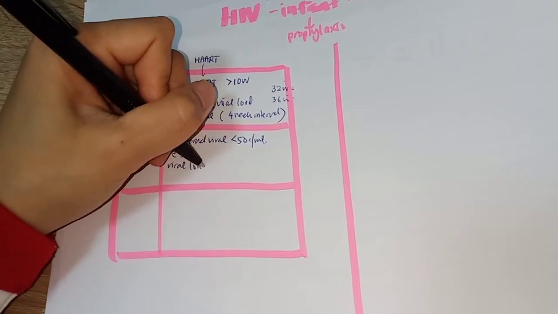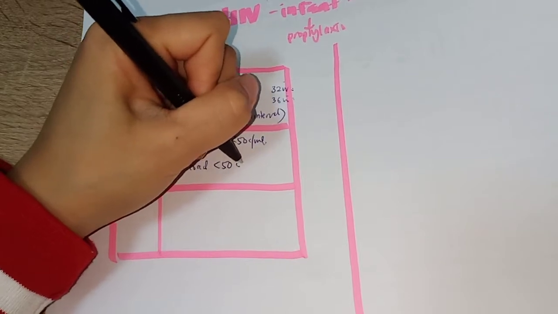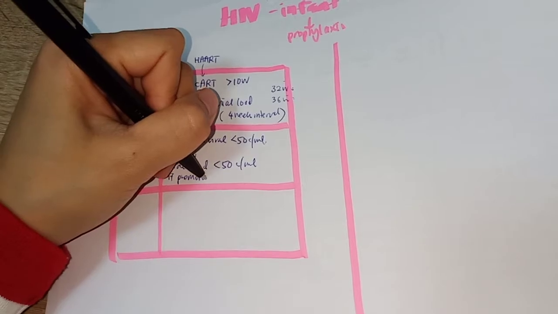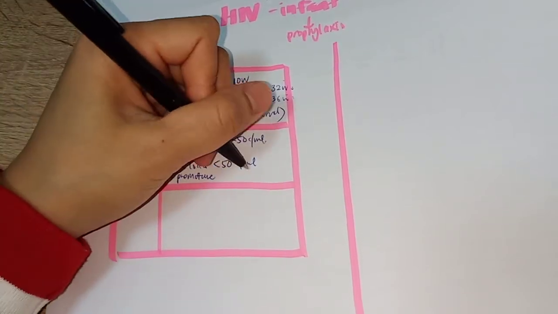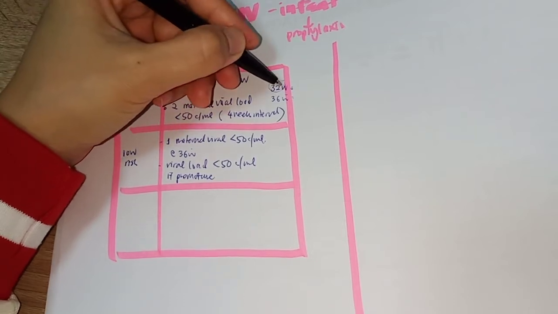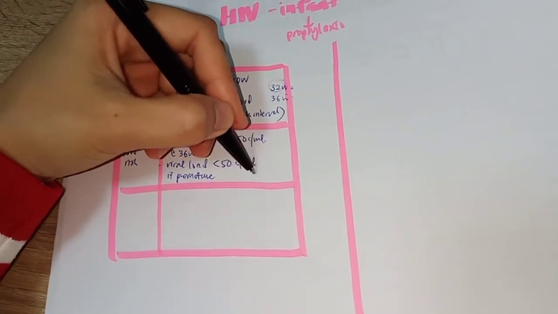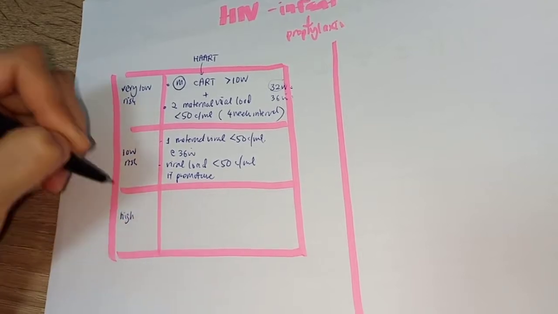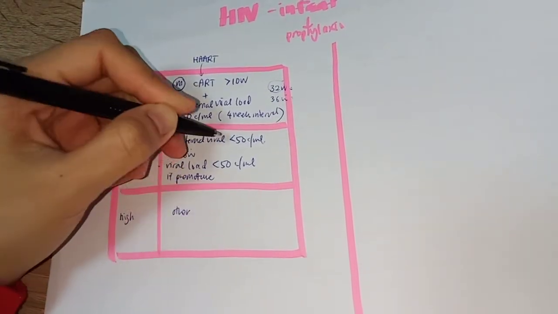Viral load less than 50 copies per mil if prematurely born, because if the mother delivered, for example, at 34 weeks and she had one viral load taken at 32 weeks, it's still considered low risk. And high risk is other than the above features.